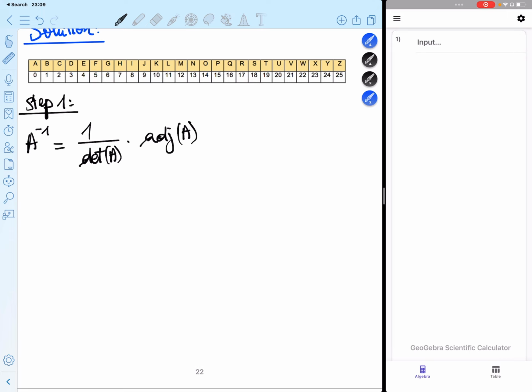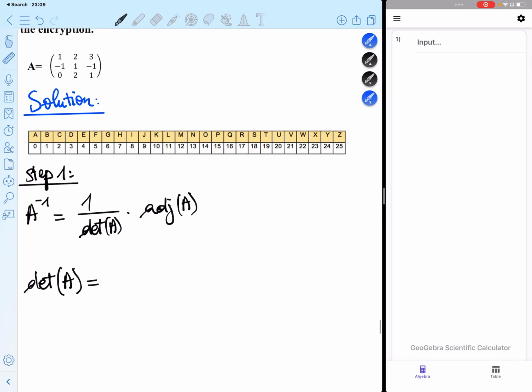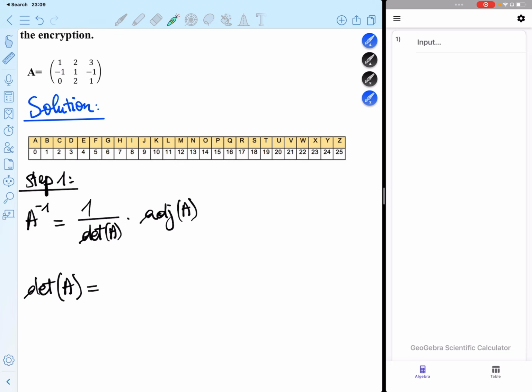So let's first find the determinant. So determinant of A would be, if I take my matrix, I would use the last row because we can see that it has a 0 on it. So that would be minus 2 times the determinant of this.